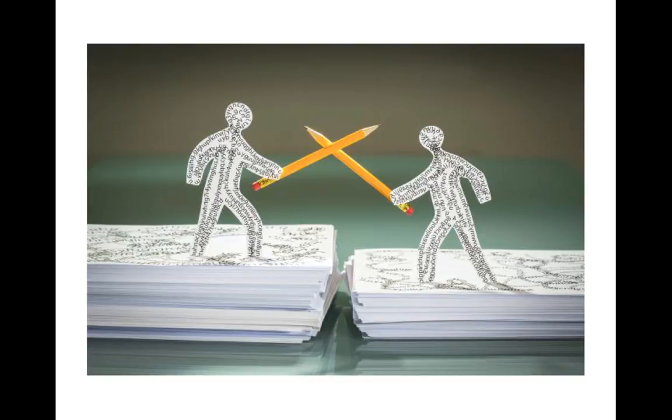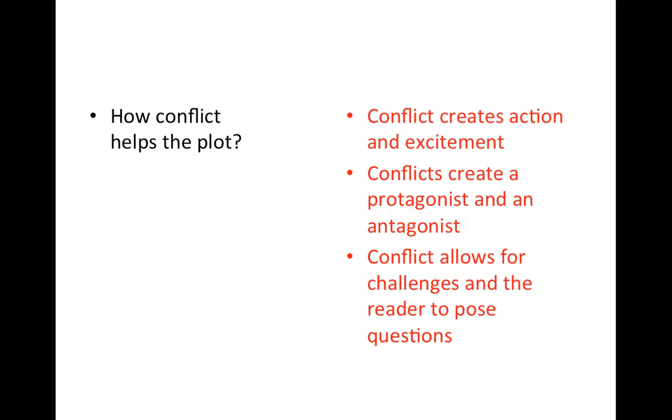So conflict makes the story what it is. As you can see here, we have the story coming to life through conflict. Conflict creates action and excitement in the plot. Conflict creates a protagonist and an antagonist, and a protagonist is the good person, whereas the antagonist is the bad.